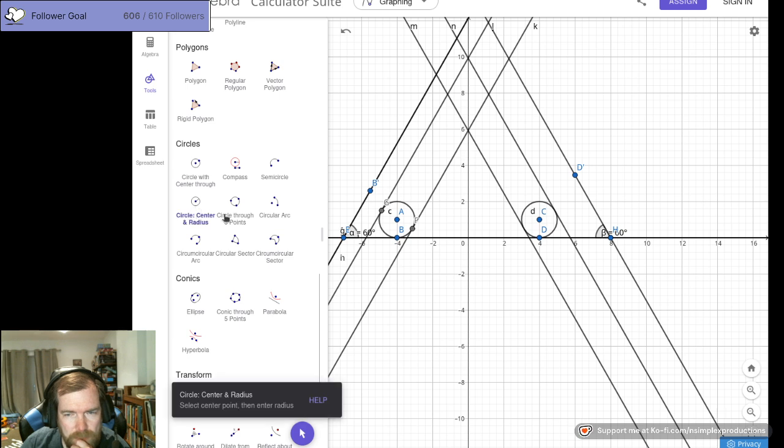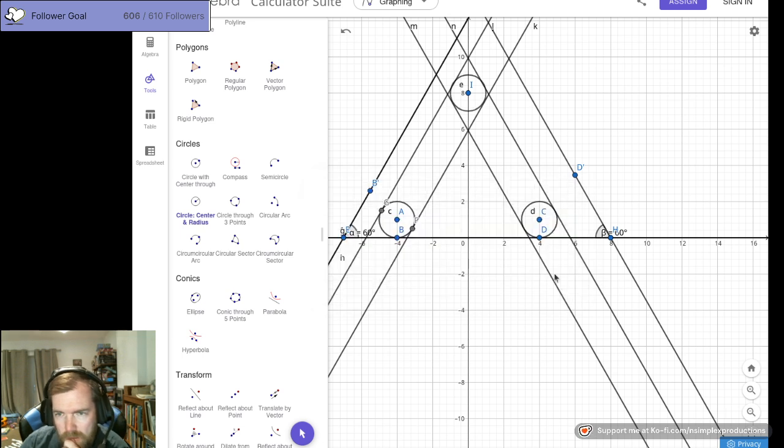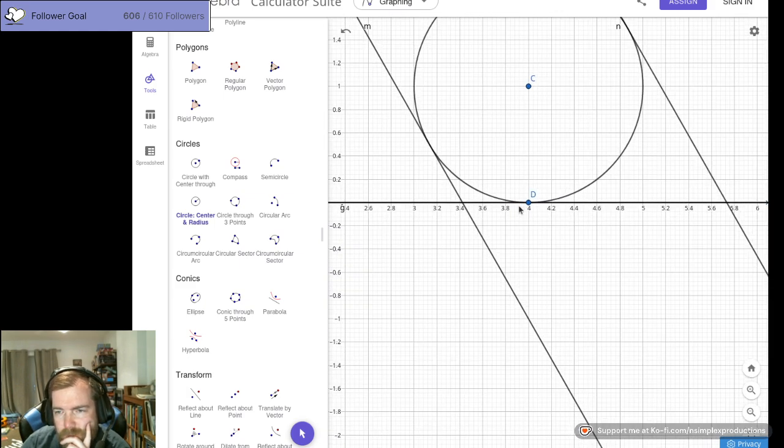Circle with center and radius. Radius 1. No, it's not. That's weird. Wait, are these radius 1?